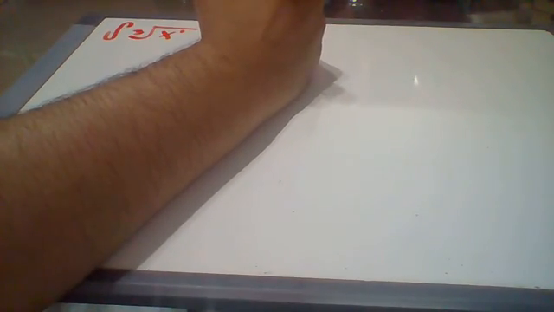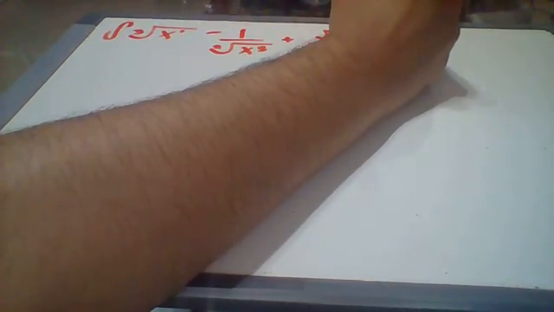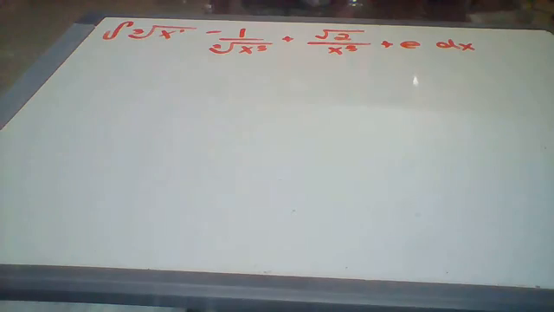So the cube root of x minus 1 over the square root of x cubed plus the square root of 2 over x cubed plus e, and then the S and dx.